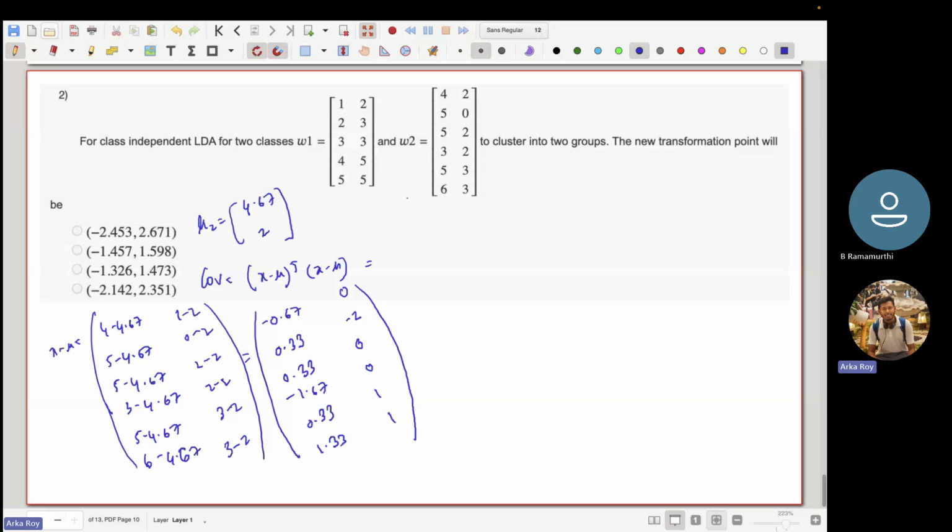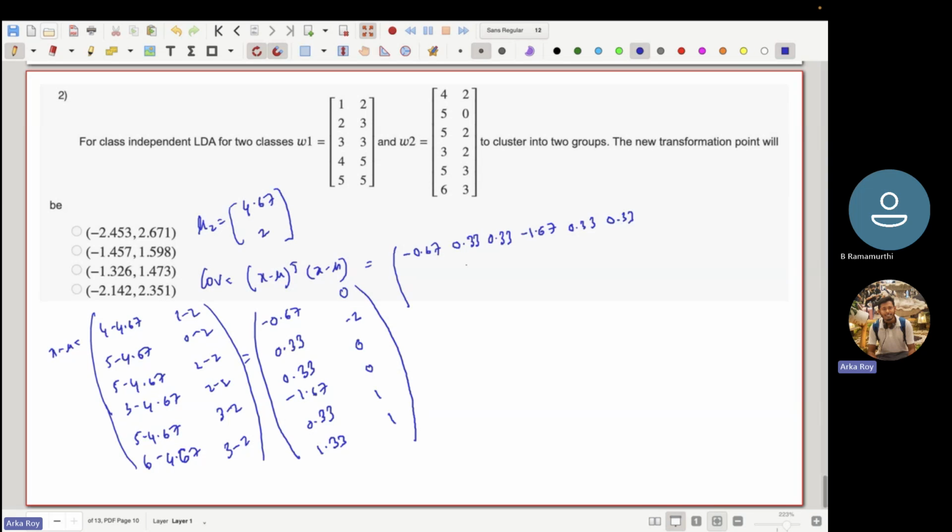So now let us do the covariance matrix multiplication. So this is minus 0.67, 0.33, 0.33, minus 1.67, 0.33, 0.33. Then over here 0, minus 2, 0, 0, 1, 1.